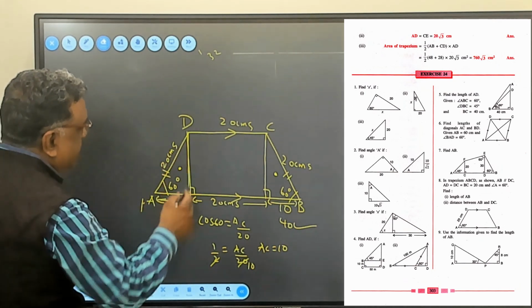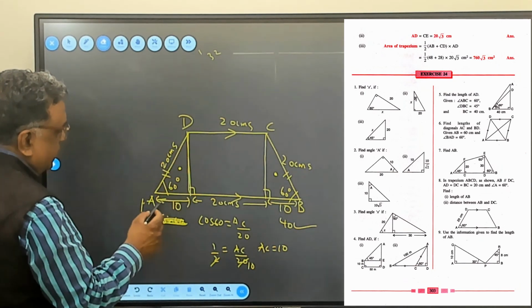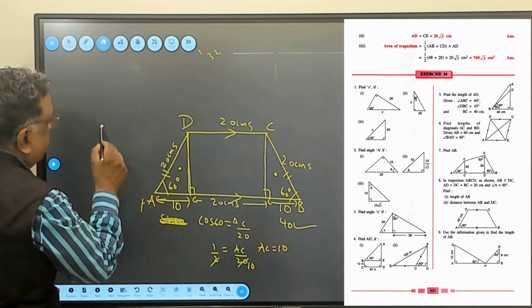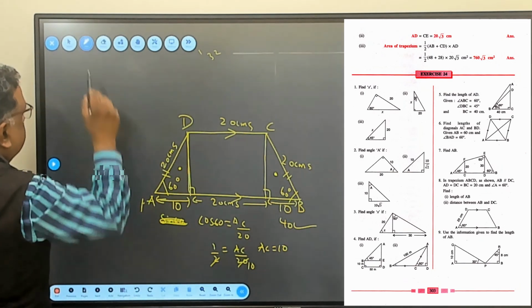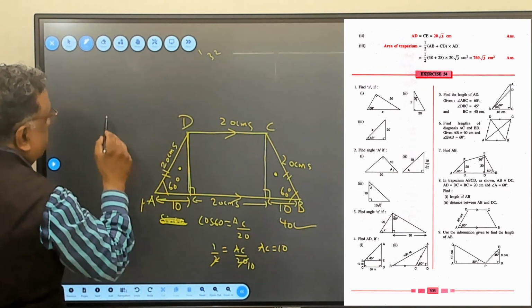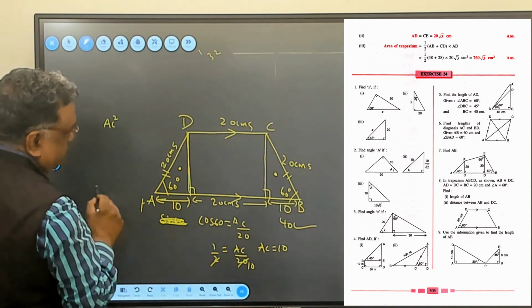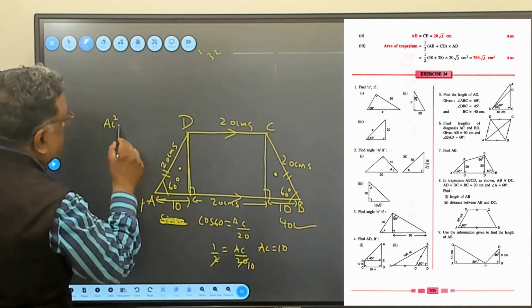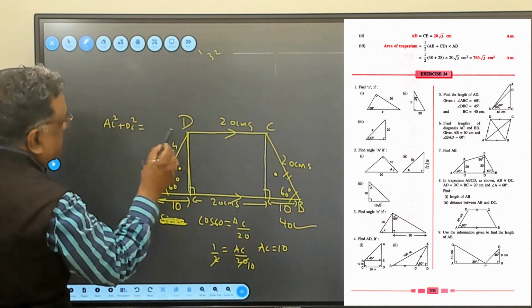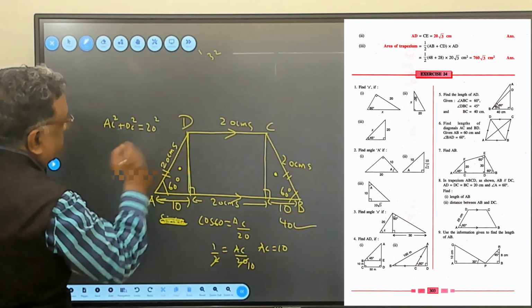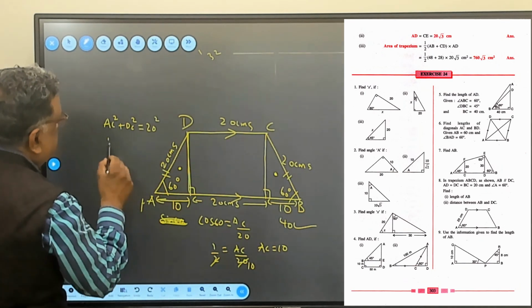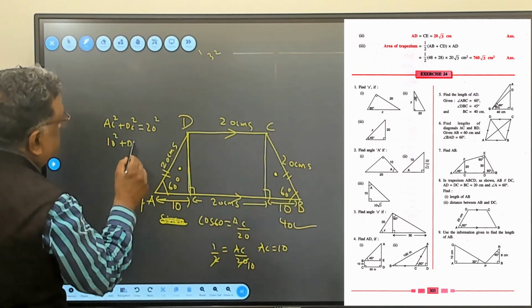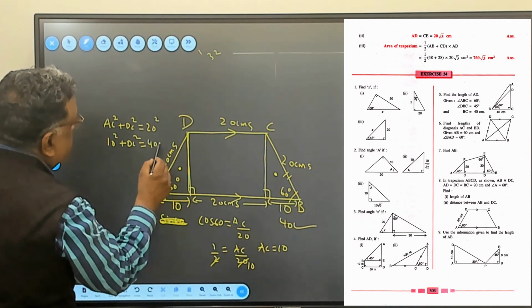So I will simply apply the Pythagoras theorem in this triangle, which will be AC square plus DC square is 20 square. AC square is 10 square plus DC square, this is 400.